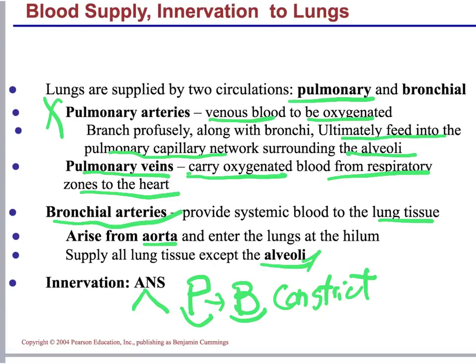Okay, so what happens if the air doesn't reach the alveoli? We're not going to be able to do the gas exchange, correct? So, for example, in an asthma attack, that's where the parasympathetic nervous system fires up. Now, what do you give to a person who's got an asthma attack? You will usually give them an inhaler, which is a bronchodilator.